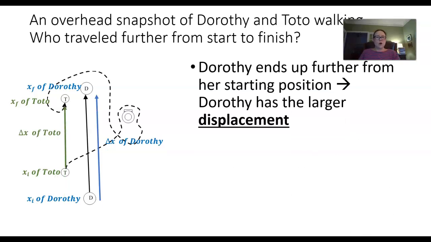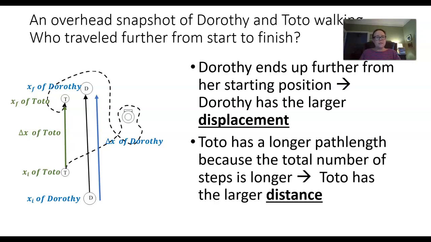If we talk about who ended up traveling further from their starting position, well, Dorothy did that. So Dorothy has the larger displacement from where she started. But if you want to talk about which one of these people actually traveled a longer path length or took more steps, well, I think Toto did that.